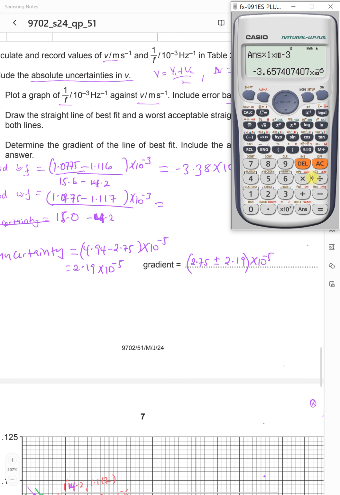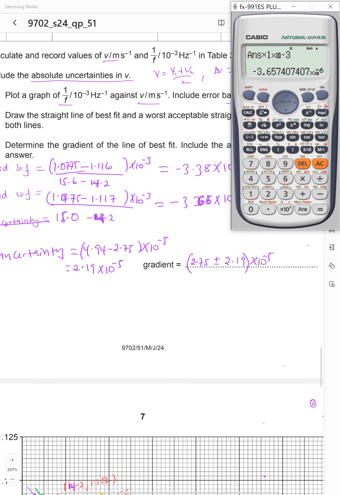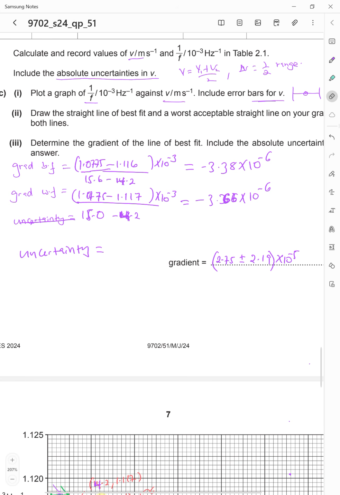So this is a minus 3.66 times 10 to the power of minus 6. So I have to change this. So the uncertainty is going to be, I'll just say 3.66 minus 3.38 times 10 to the power of minus 6, after it is plus or minus.